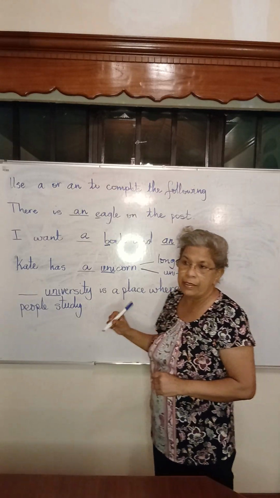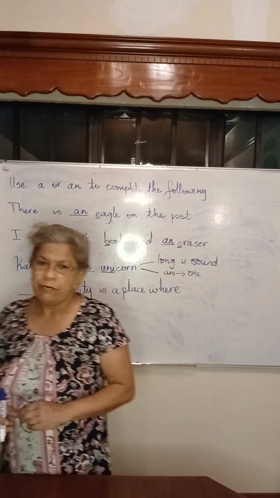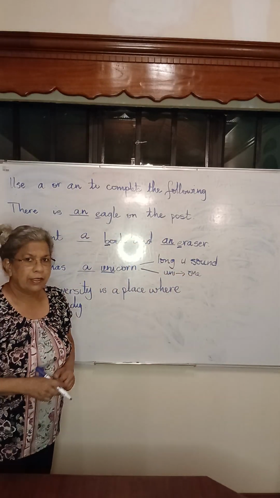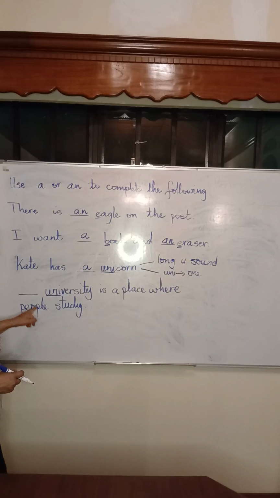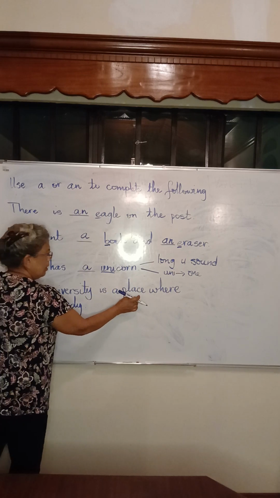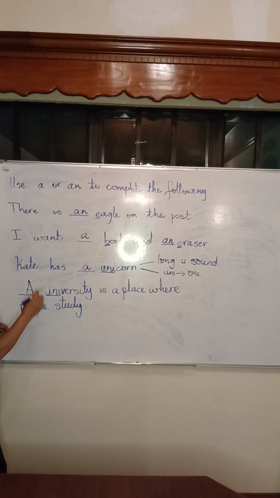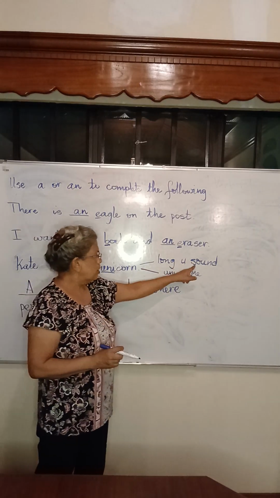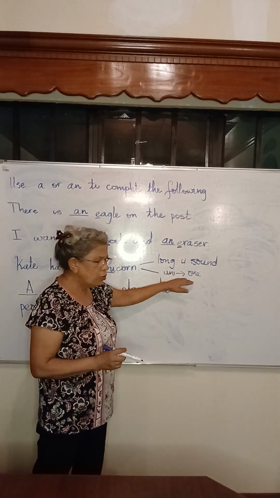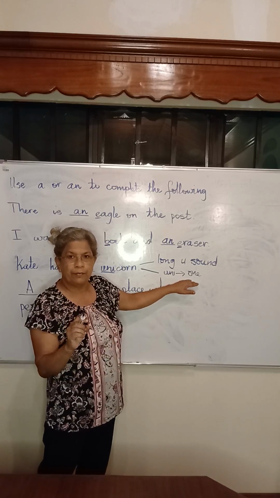We will not really say it's a syllable, because what is a versity? You understand? So the answer here will be a university is a place where people study. And university here has a long U sound, and it also has uni as part of the word.